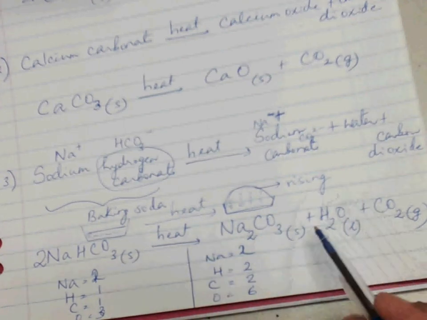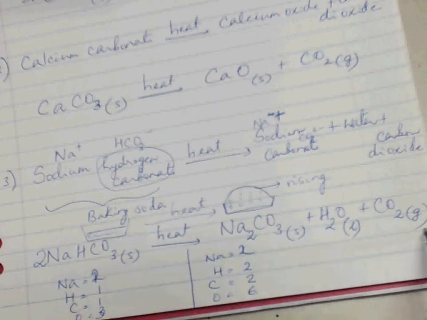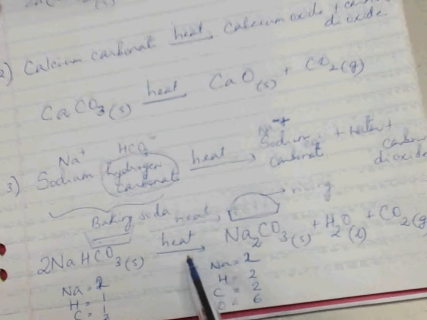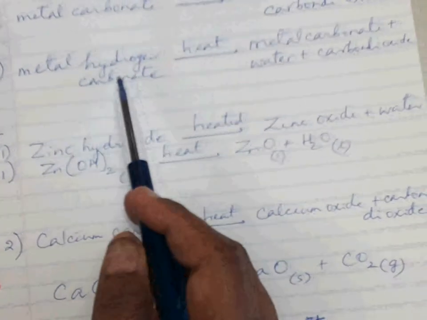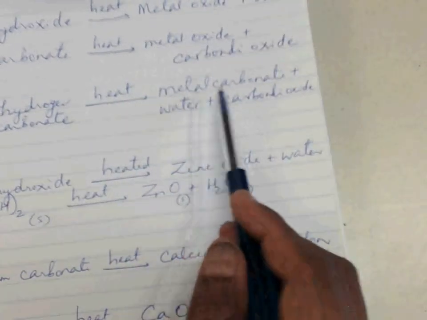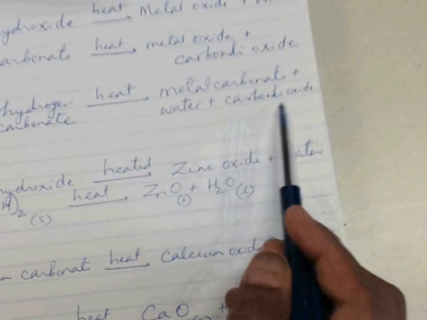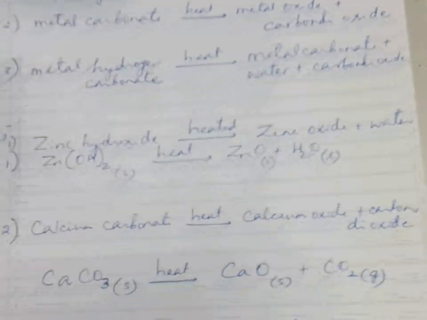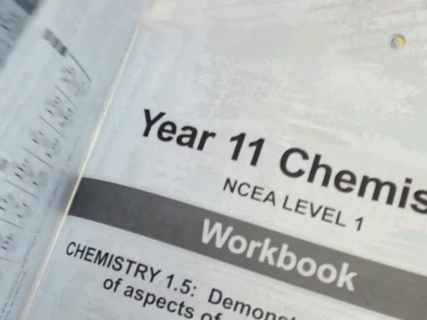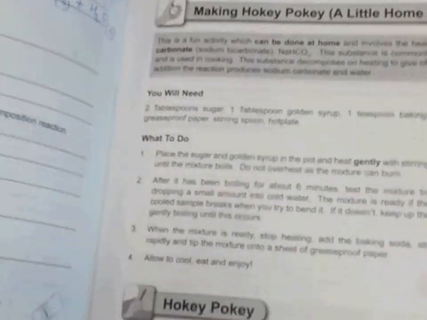Alright, so that's really the chemistry of baking, and it relates back to a metal hydrogen carbonate decomposing to metal carbonate and water and carbon dioxide. Alright, so let's look at our workbook again.